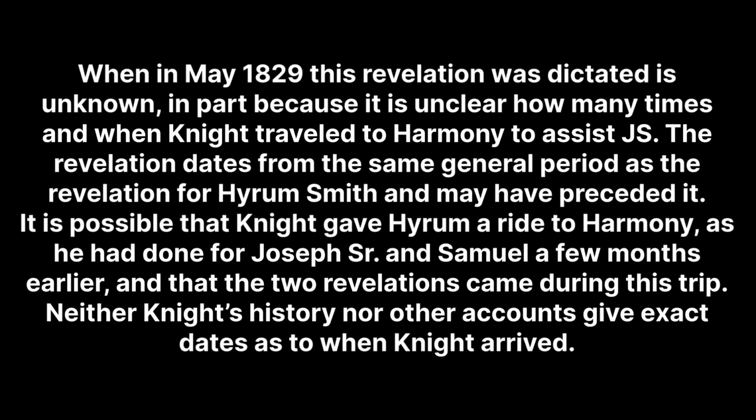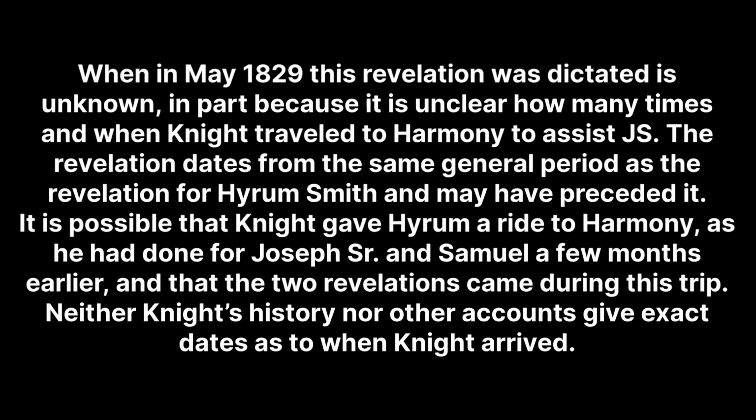So there is some suspicion, and I think I agree with this, that sections 11 and 12 were actually given basically at the same time. So the historical introduction again says, when in May in 1829 this revelation was dictated is unknown, in part because it is unclear how many times and when Knight traveled to Harmony to assist Joseph Smith. The revelation dates from the same general period as the revelation for Hyrum Smith and may have preceded it.